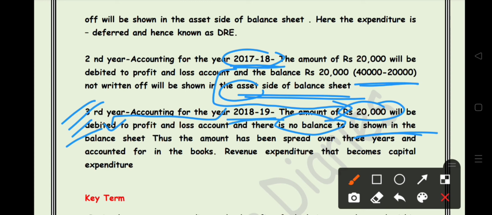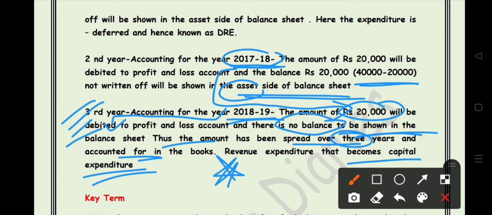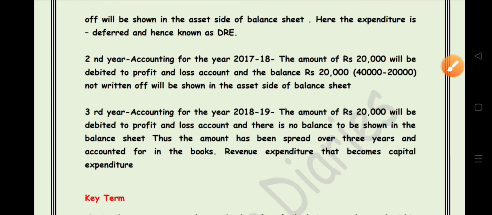In this process, we have availed the benefits of our 60,000 rupees expenses in the 3 subsequent years. Thus the amount has been spread over 3 years and accounted for in the books. So this is how the revenue expenditure of the fees becomes a capital expenditure in the subsequent years. So this was about this example.